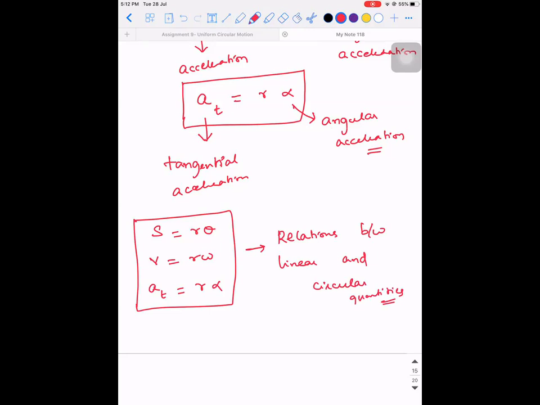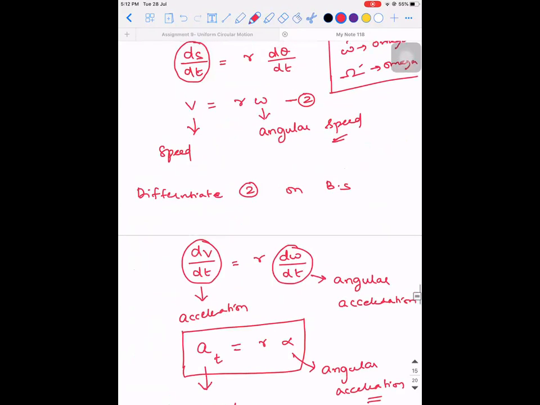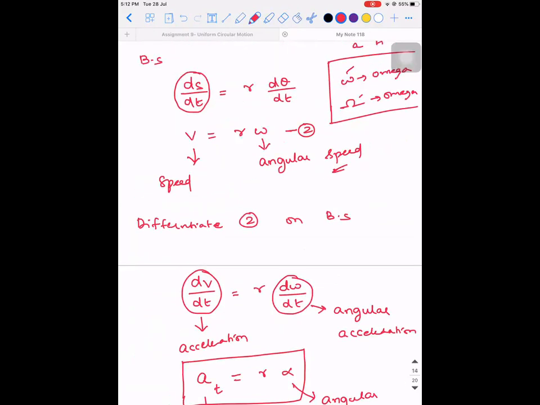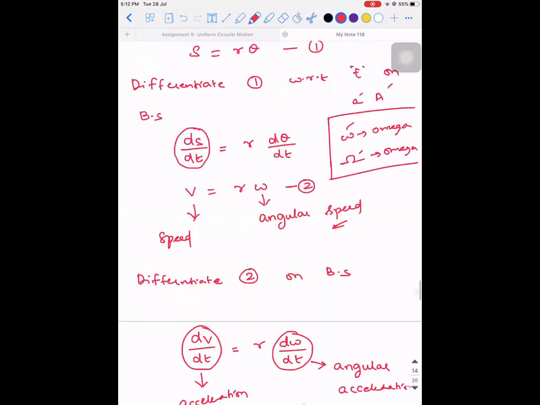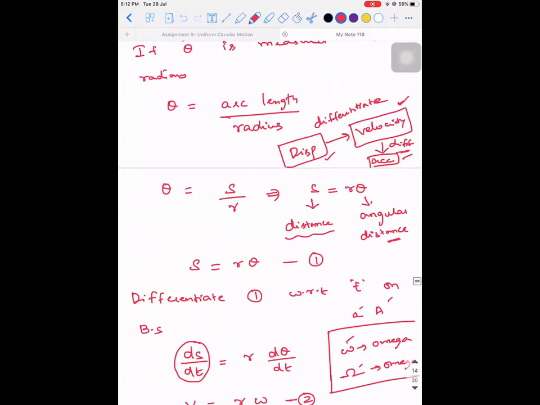Sir, can you scroll a little bit up, sir? Okay. Is this enough? Yes, sir. Sir, what is S, sir? Distance. R is radius, sir. R is radius, theta is angular distance.